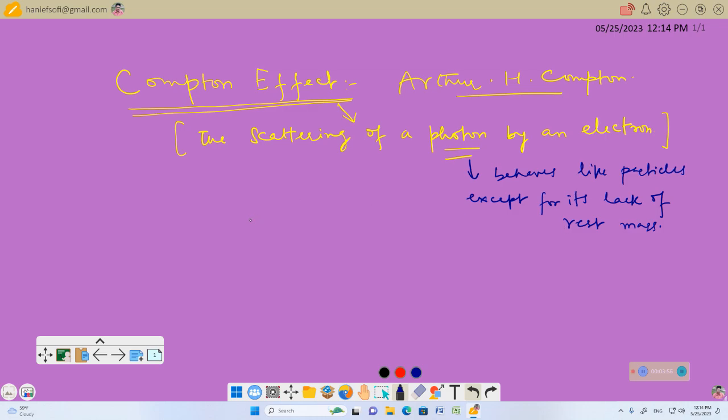In this Compton effect, what happens? Let me first draw a rough diagram. I have some target electron. Now there comes a photon. This is my photon.